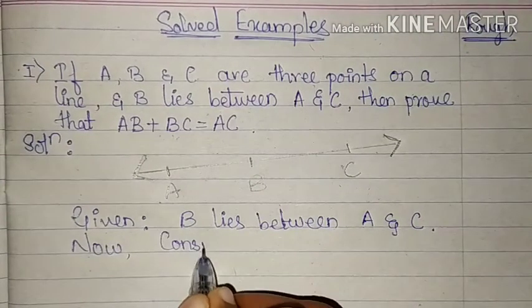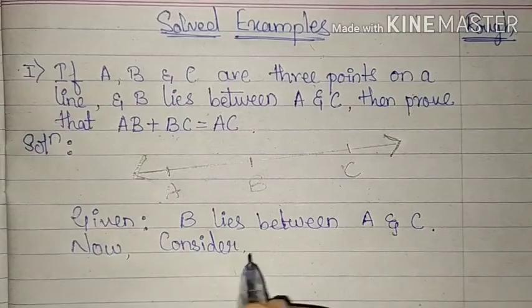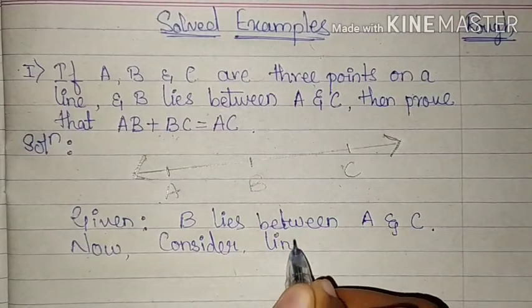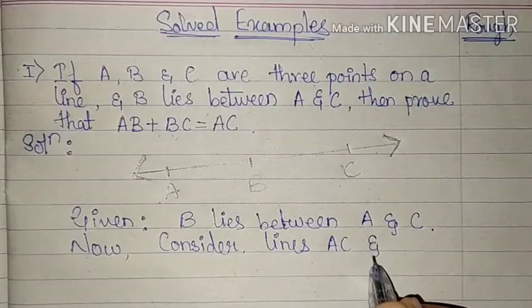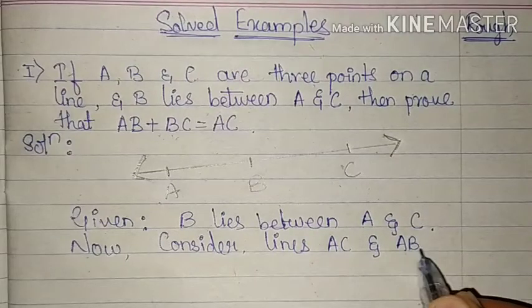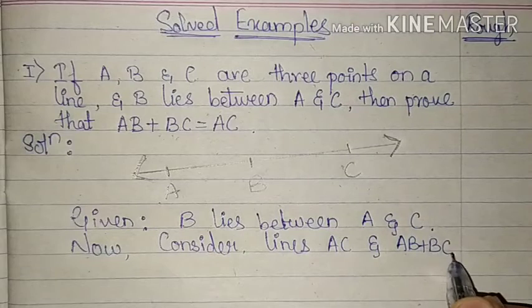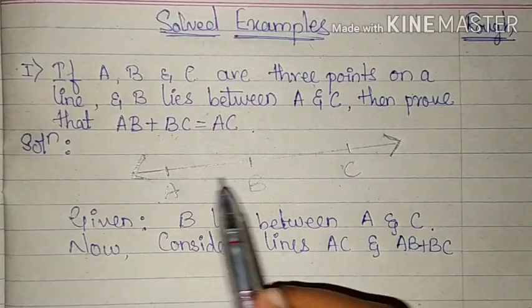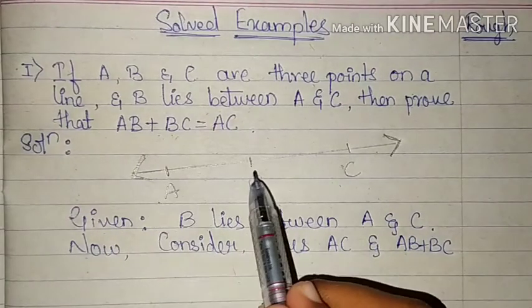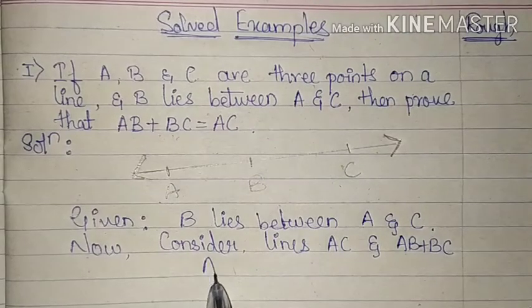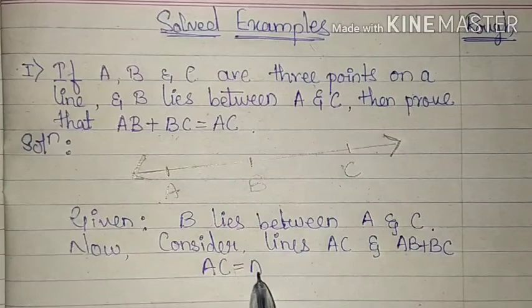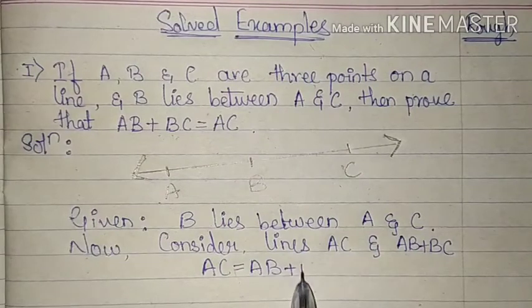Now consider lines AC and AB plus BC. Look at these lines, AC and AB plus BC. I can write it as AC is equal to AB plus BC.